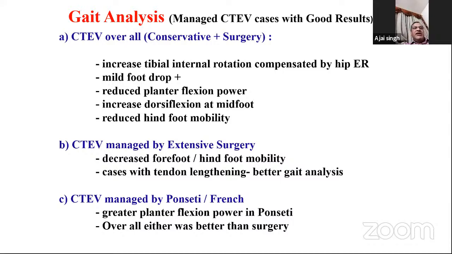But still the internal torsion persists after the correction of the foot deformity, so the foot progression angle remains less in most of the cases after correction, whether conservative or surgical. If the internal torsion of the tibia is asymptomatic, we need not do anything. Otherwise, we have to do a derotation osteotomy of the lower tibia. Next, please.